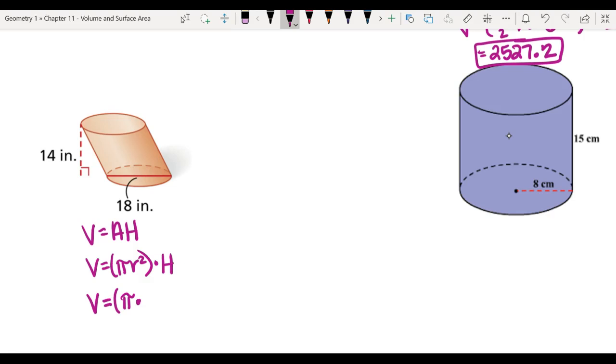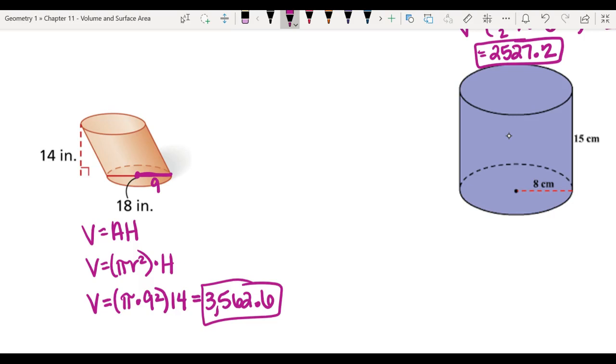Your radius is actually 9. So it would be 9 squared. Your height is 14. So it would be pi times 9 squared times 14, which is 3,562.6 for your answer.